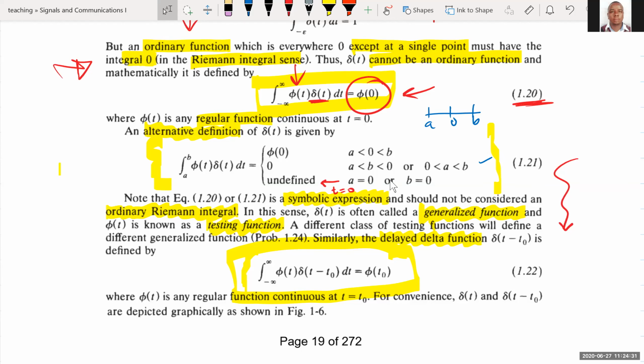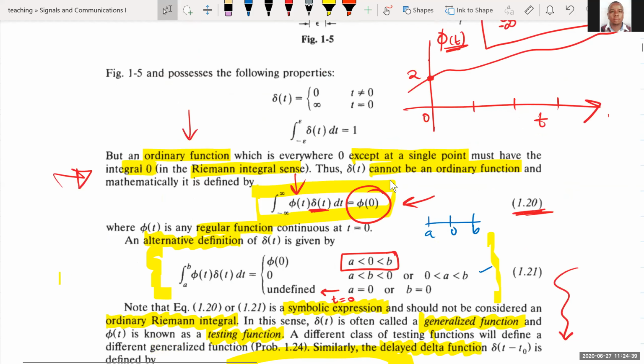If you look at this expression, that is our 0, and 0 is bigger than a, which means a must be on this side, a small distance from 0, and b is bigger than 0, so b could be here.